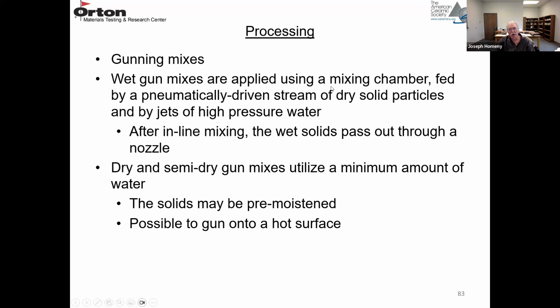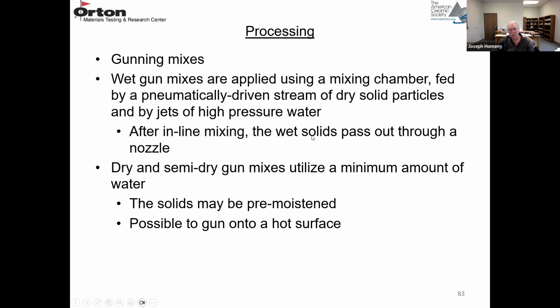So gunning mixes are applied using a mixing chamber. They're fed by a pneumatically driven stream of dry solid particles. And then at the nozzle, there's jets of high pressure water. So it's inline mixing.